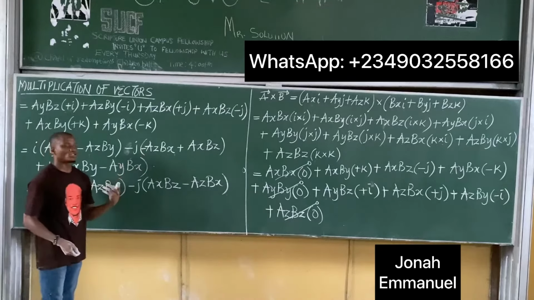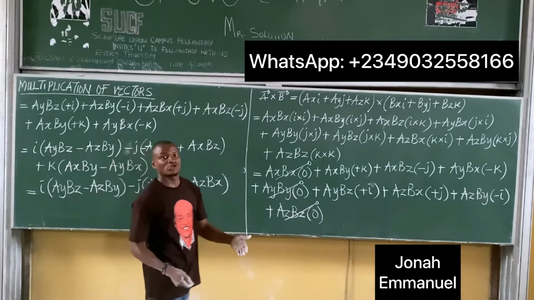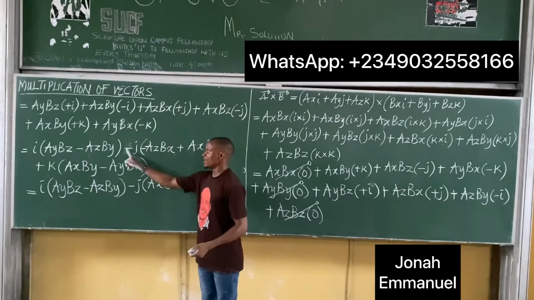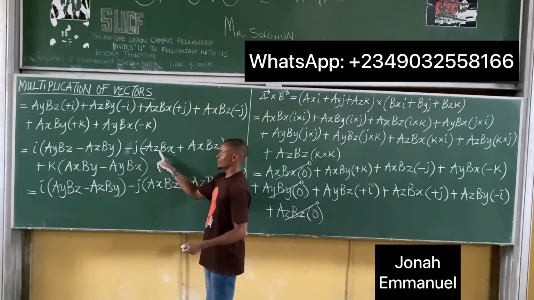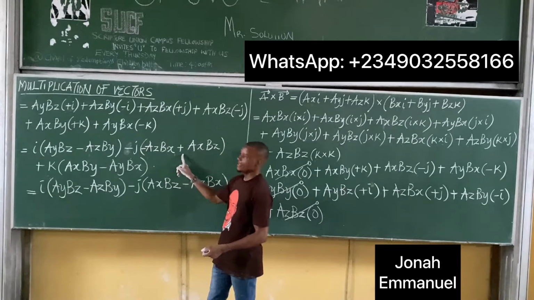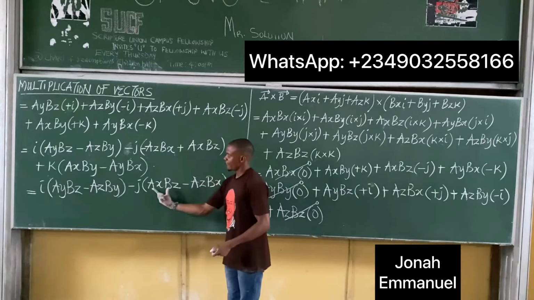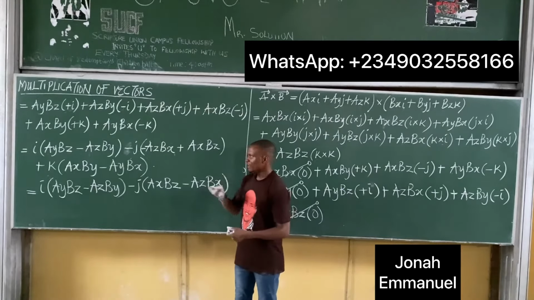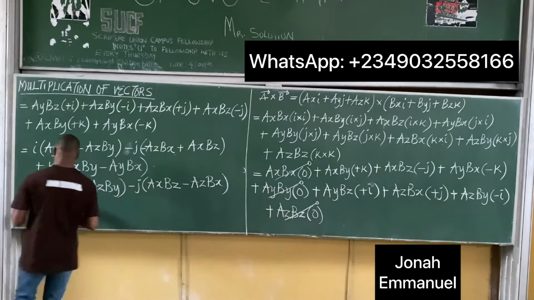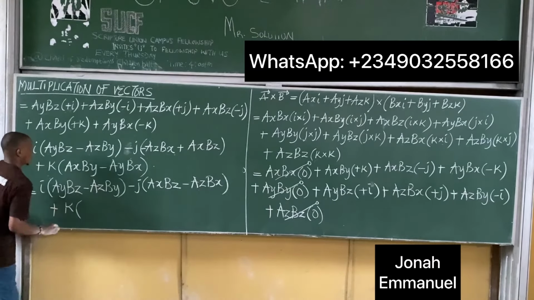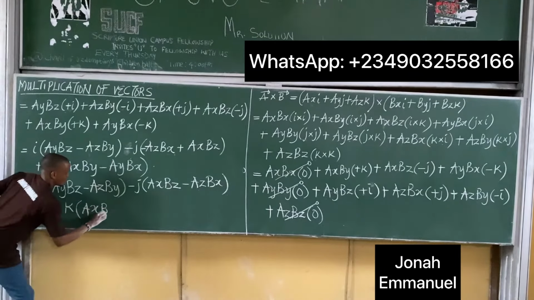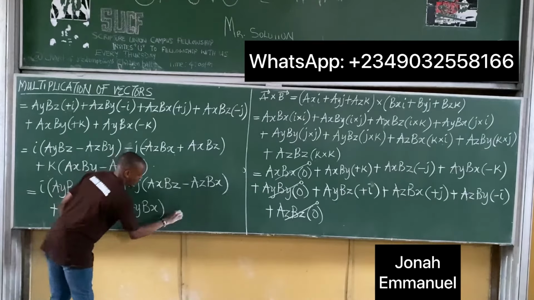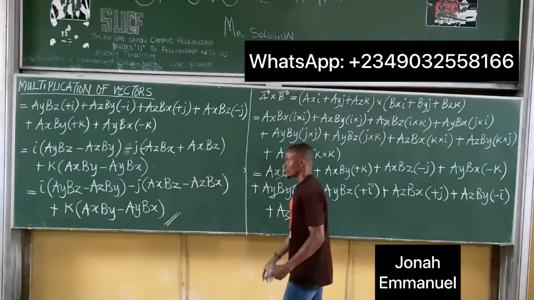We are doing this just for a purpose, which I will show you much more later. But observe the way I change that to minus. I multiplied it by minus. It became minus j. The minus comes here, minus this. The minus to the minus I added became plus. So I took the plus first before the minus. So it's just a simple mathematical approach to that. Plus k into AXBY minus AYBX. So I have this. So this becomes the formula using cross product.